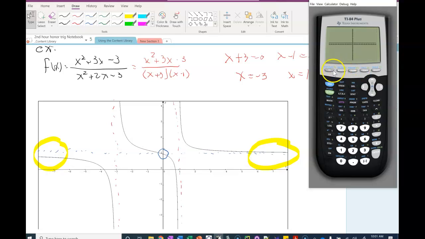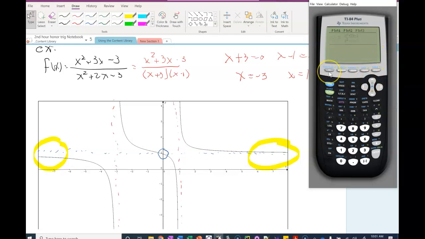Oh my goodness. That is not what it's supposed to be doing. I didn't even see any asymptotes in there. What is going on? Why is it giving me this? Oh, so it is giving me some things.